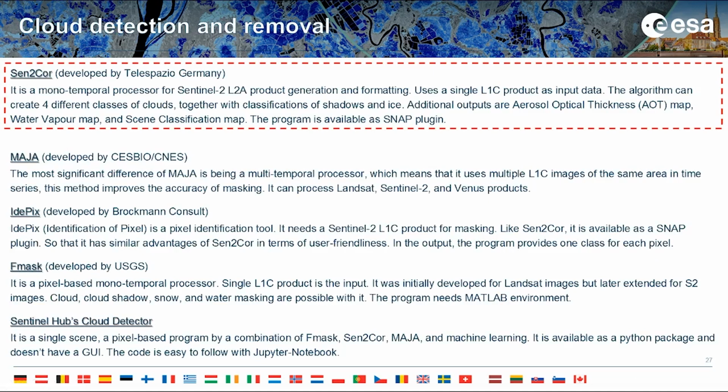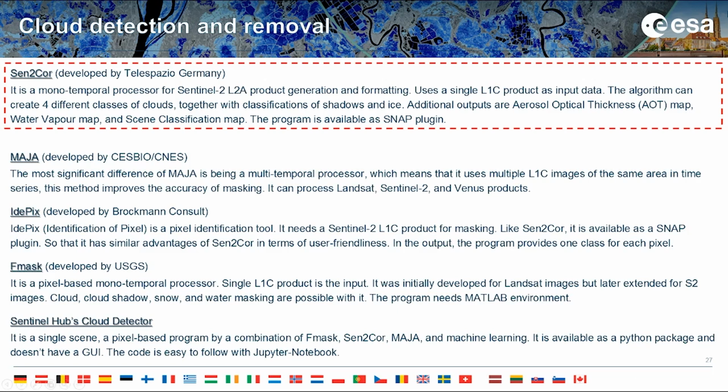These are the cloud detection and removal algorithms. As I said before, we have the Sentinel-2 Core, that is the one used in the payload data ground segment at ESA. It's for atmospheric correction and cloud detection. It uses input level 1C, that is top of atmosphere, and it provides as output the bottom of atmosphere, so adding back the atmospheric effects, plus several masks as well.